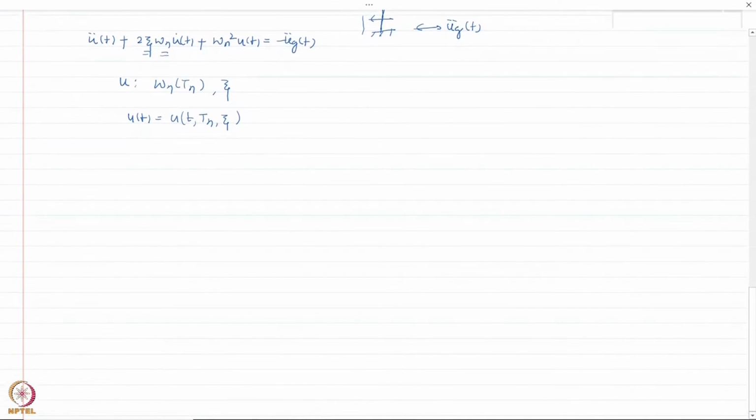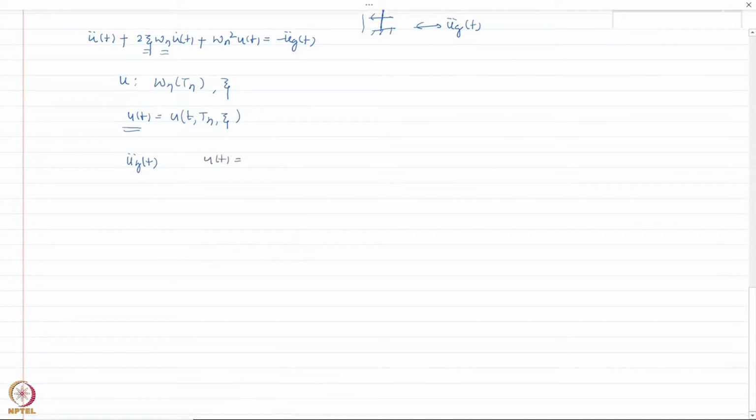Similarly the acceleration, which is related to u, and velocity also depend on only these three parameters. So given any ground motion u_g(t), my response u(t) only depends on the time period and damping in the system.